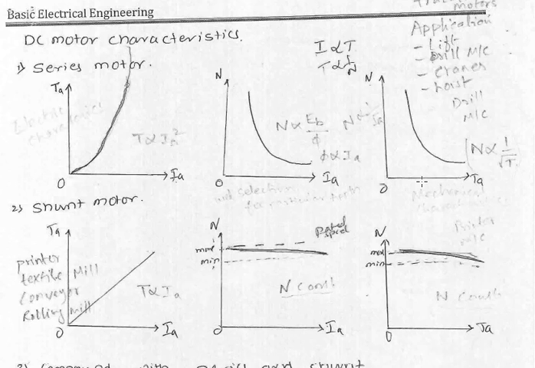So whenever there is a lower amount of torque, the speed would be higher. When the armature current or the load increases, the torque will increase and the speed will decrease in case of a series motor.